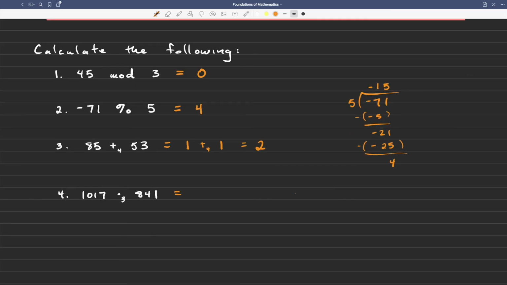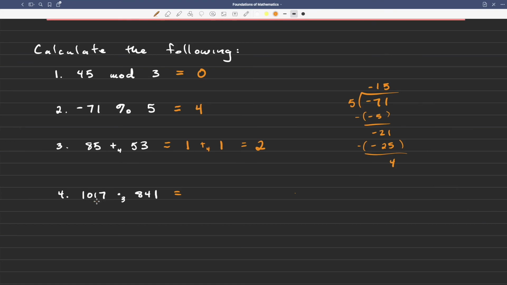All right, for number 4, we can also use the trick where we calculate the residues before we multiply. One thing you may notice for 1017, if you add up the digits, you get 9. And that's a trick I learned when I was a kid, that if you just add the digits of numbers, you can tell if it's divisible by 3. If the sum of the digits is divisible by 3, then the number itself is divisible by 3.